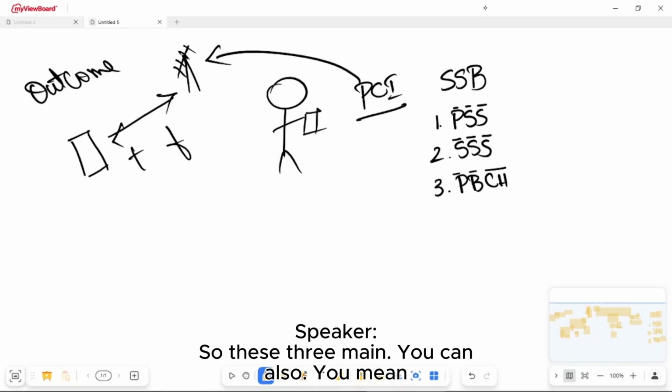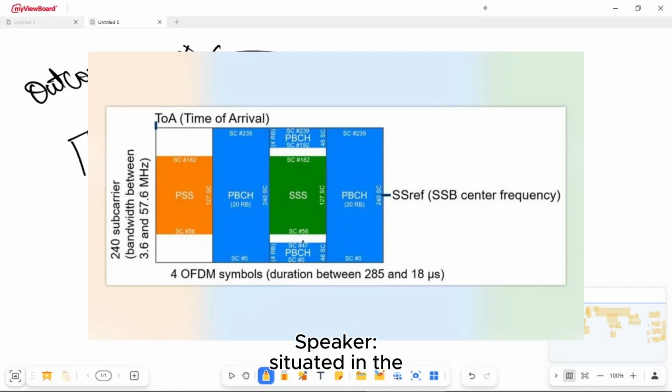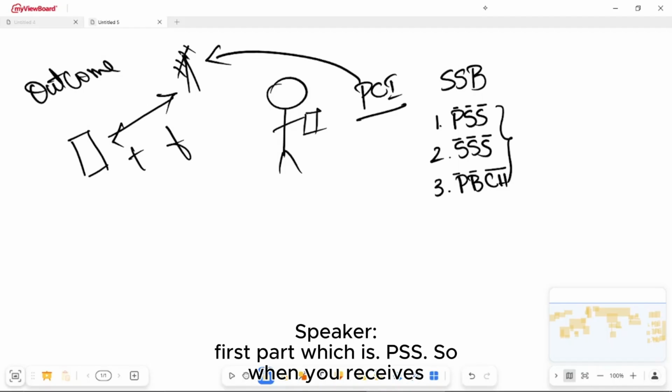You might have also seen them in this format. This is how these three components are situated in the SSB. As a whole, it's called SSB.